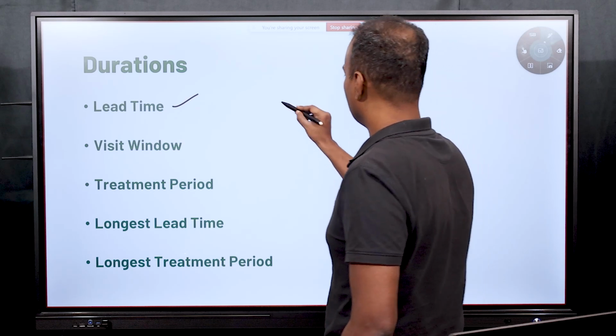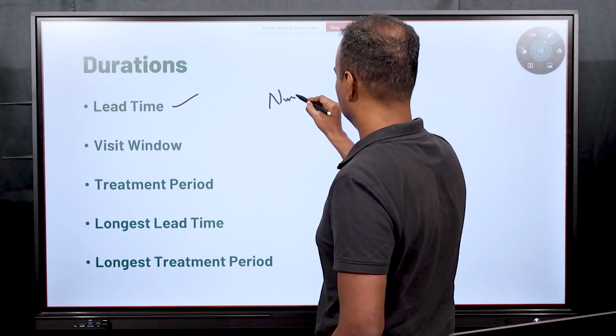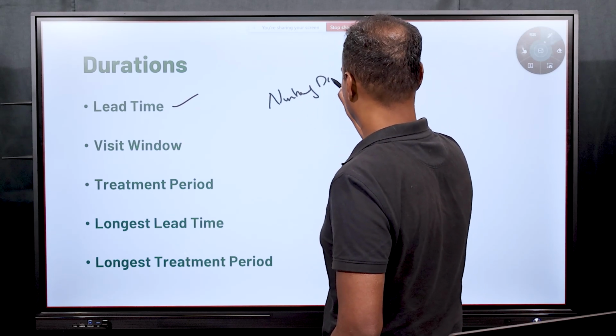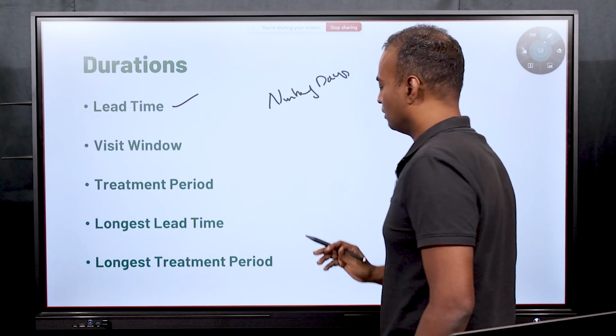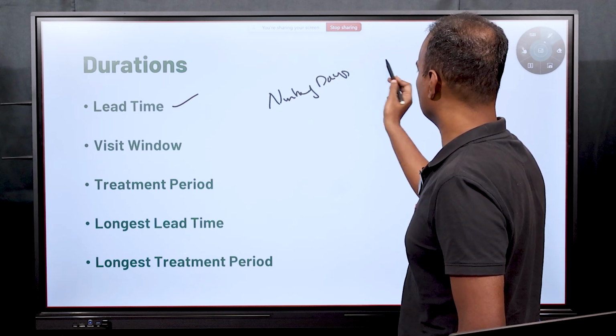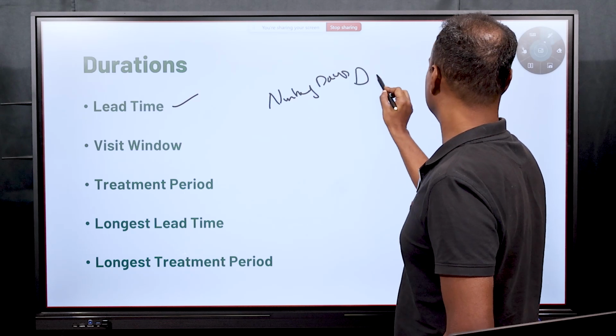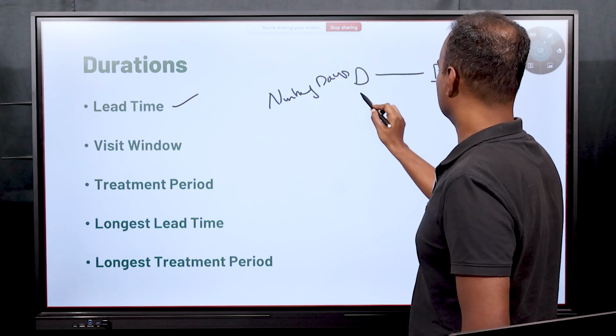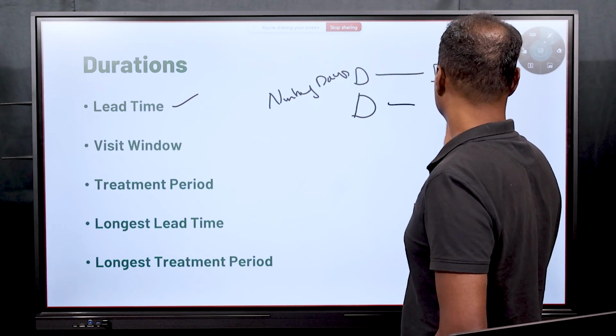Lead time is the number of days for the shipment to reach a site or depot. There are two types of shipments, right? One is depot to depot, the next one is depot to site.